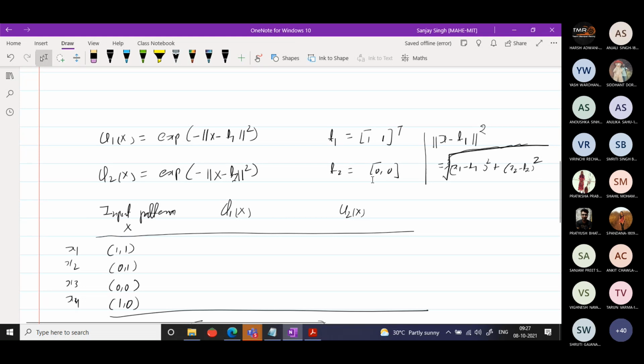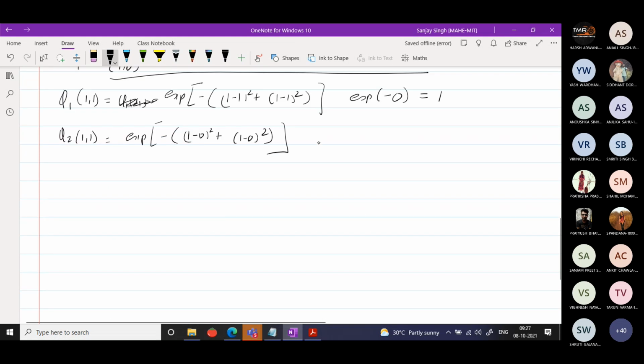So basically it comes out to be exp minus 2. How much value does exp minus 2 come out to be? Can anyone tell me? Let me calculate and see how much it comes out to be.